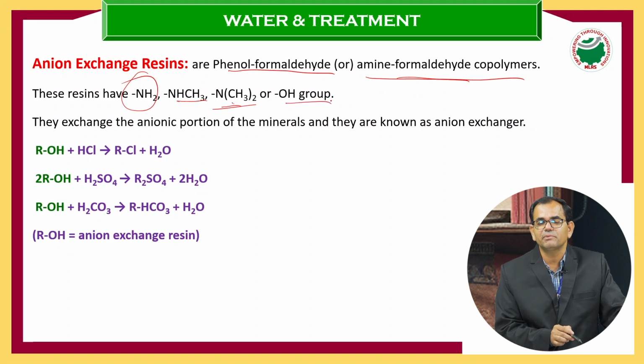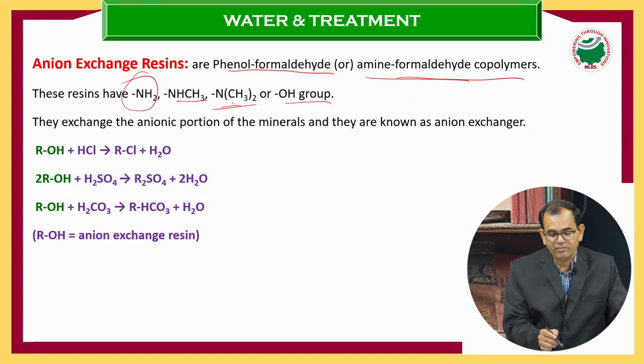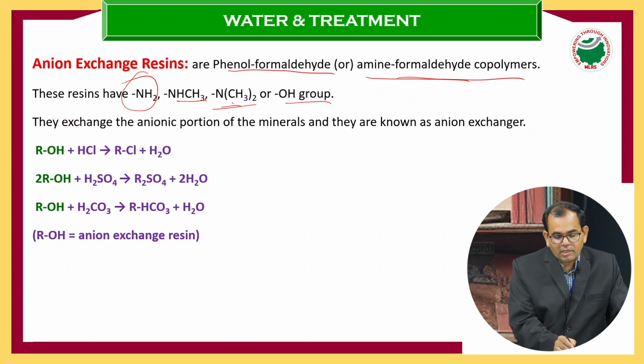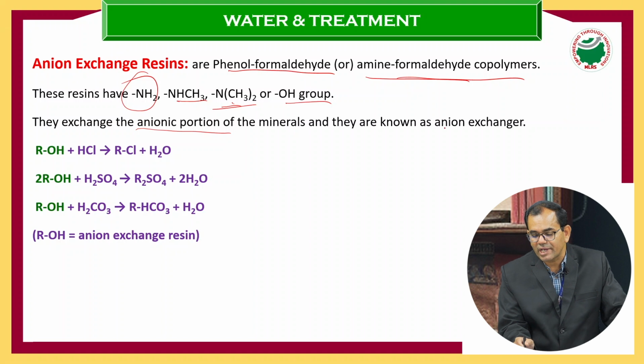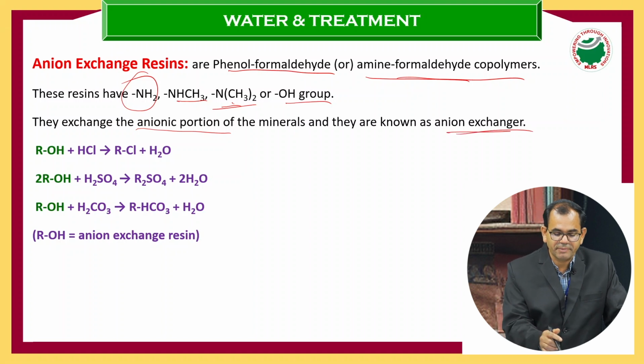These are some of the basic anion groups which are present in the anion exchange resins. They exchange the anionic portion of minerals and they are known as anion exchangers. To understand it better, let us see with an example.